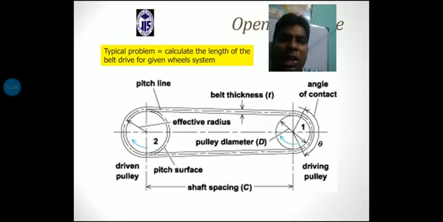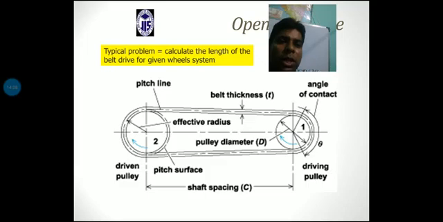Now next is cross belt drive, sorry, open belt drive, and there are some certain points to be considered for the design purpose. First one is angle of contact, which means how much portion will be covered by the belt.